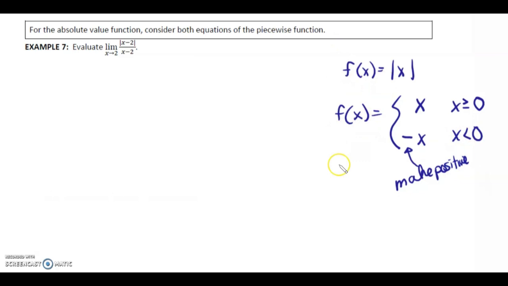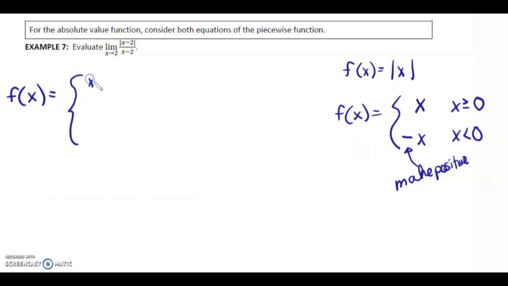Okay, so this is technically the piecewise function. Because the absolute value of x minus 2 is a piecewise function, we have to consider both the positive and the negative pieces of it. So f at x equals, and we're going to have two different functions here.